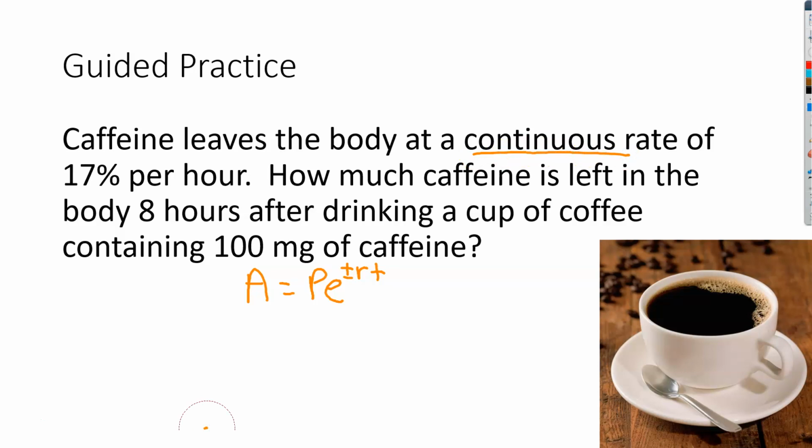Next question, Paris, what am I going to put here for the P? No, that's going to be my R. The P represents the starting amount of coffee, which is 100. So I'm going to put 100 there.